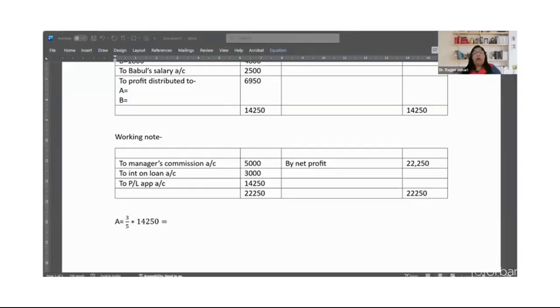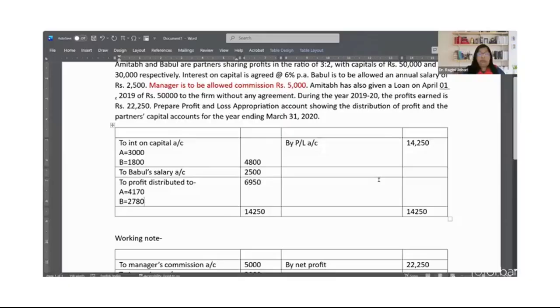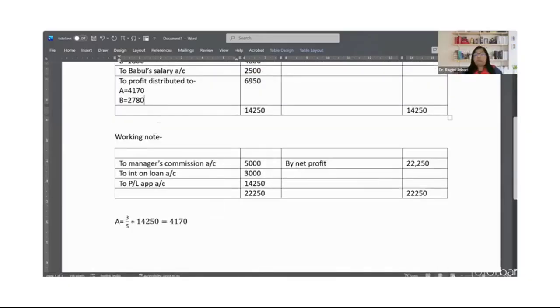This amount comes to be 4170. So here I write 4170. Similarly, for Babu this will be 2 upon 5 of this total amount, and this amount comes to be 2780. So for Babu, it is 2780, and this completes my P&L appropriation account.